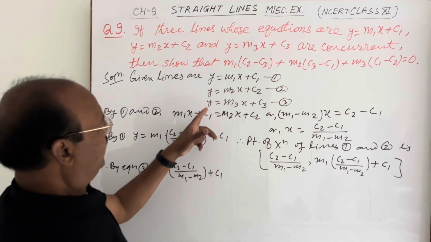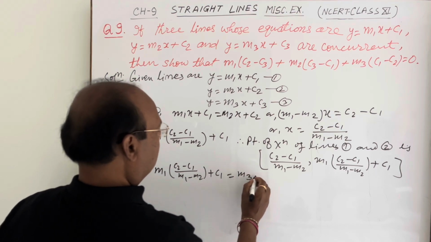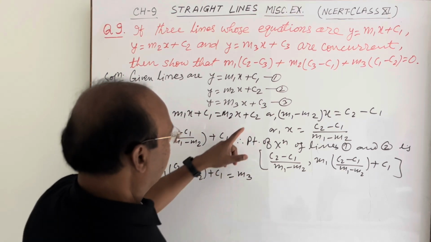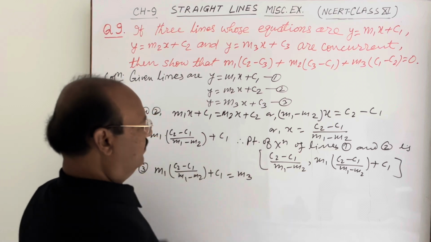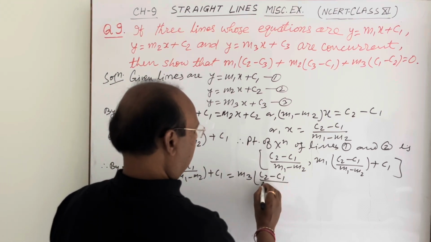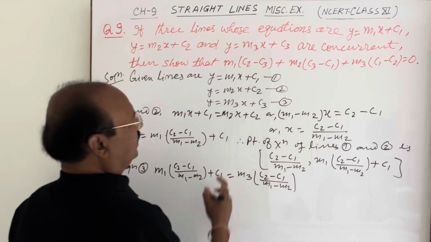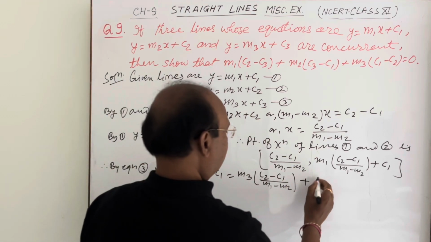This is the left hand side. y = m3 into x; in place of x we can write this value, so m3(c2 - c1)/(m1 - m2) plus c3.